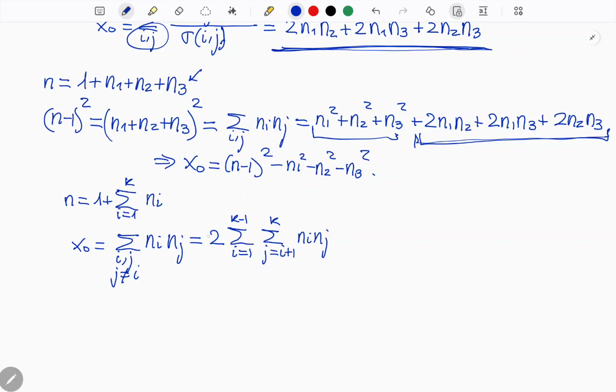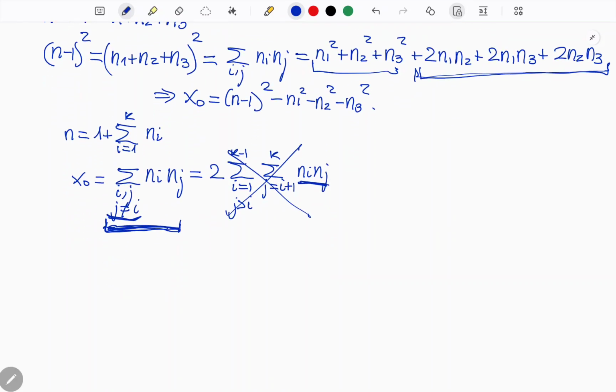This is the same way of writing the same addition because in this case I'm adding up twice the i's and j's, because I'm not sorting i and j, but in this case I am sorting i and j. Here I'm saying that j is greater than i, so this is computed only once and not twice like in this case. So this is why I'm doing it like this. In this case this is not necessary really.